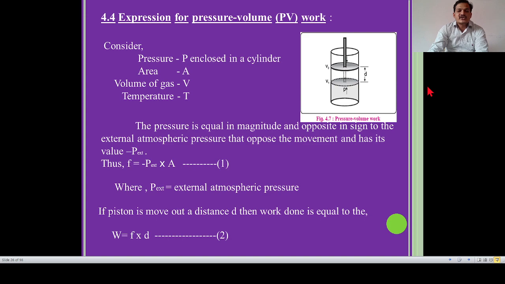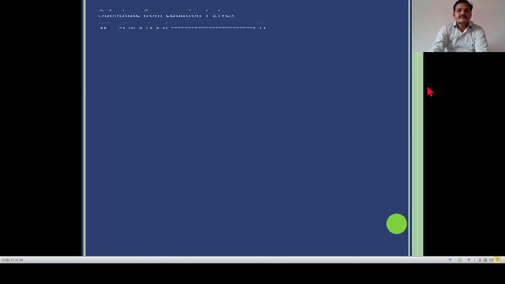This is equation number 2. Then substitute from equation 1, which gives W is equal to minus Pex into A into d.